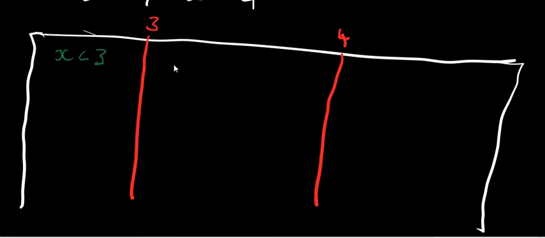In this box, we are picking values that are in between 3 and 4. And in this one, you're picking values that are greater than 4.